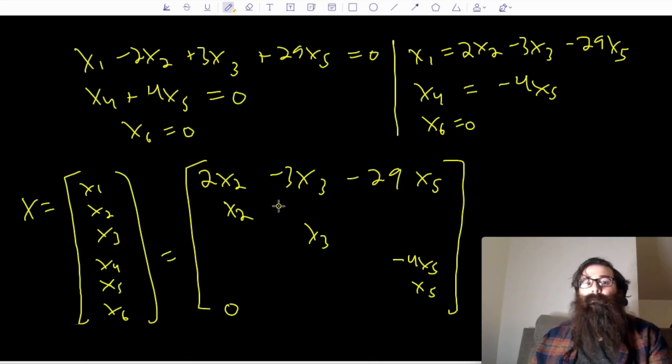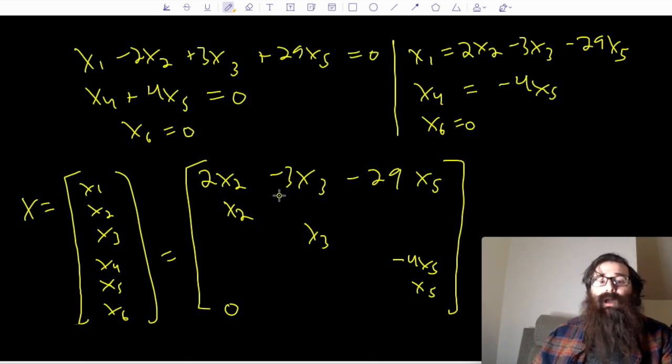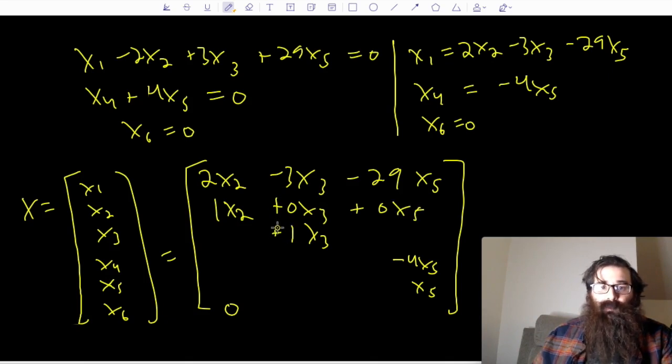So I start to build this, get a sense for how it looks. But I think it's really helpful to fill in those missing pieces. So let me go back through. X of 1 is already taken care of. That's always nice when that happens. But the rest shouldn't be so bad. x sub 2 is 1x sub 2 plus 0x sub 3 plus 0x sub 5. And x sub 3 is 1x sub 3, but then also a 0x sub 2 and a 0x sub 5.